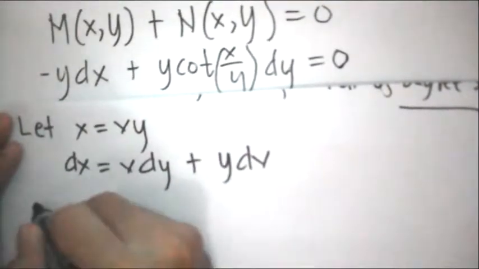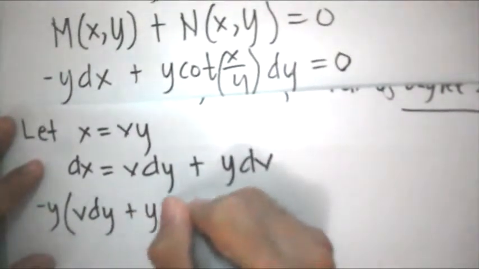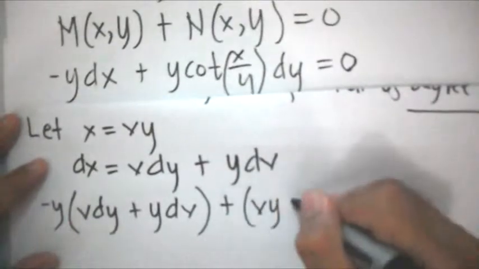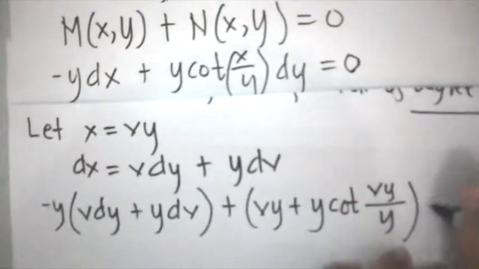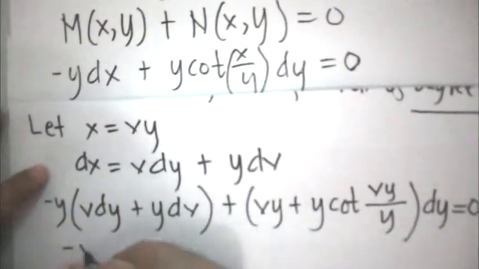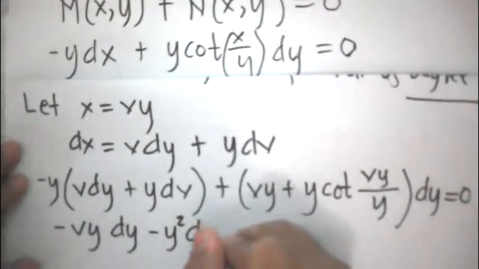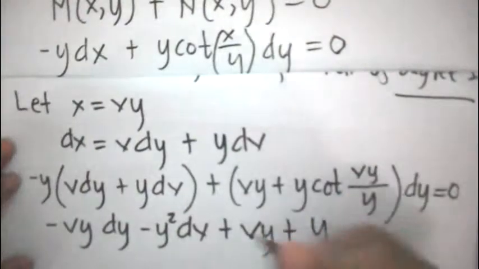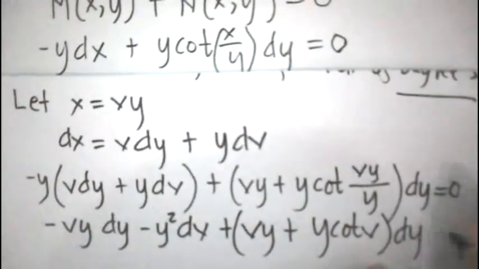So we get negative y times (v dy plus y dv) plus (vy plus y cot(vy/y)) dy equals 0. Multiplying, we get negative vy dy minus y squared dv plus vy plus y cot v dy equals 0.